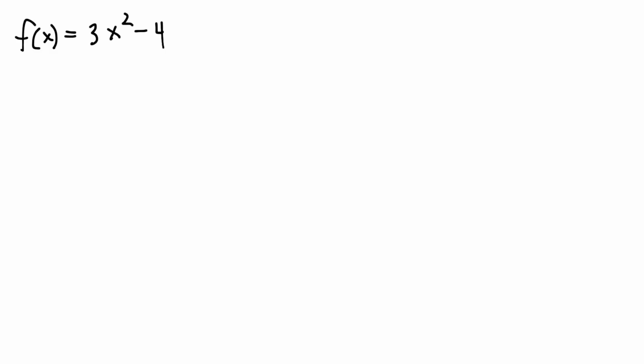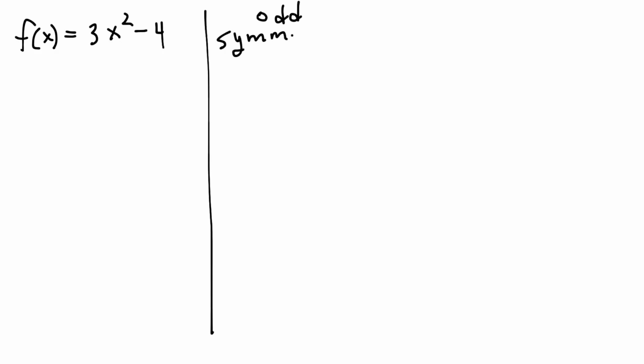All right, so here's another one. We've got the function 3x squared minus 4. First we're going to check to see if it's odd, which would be symmetric about the origin. The way we check that is we replace both x with negative x and y with negative y.